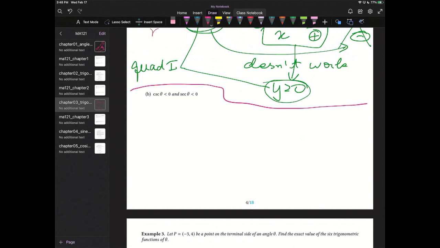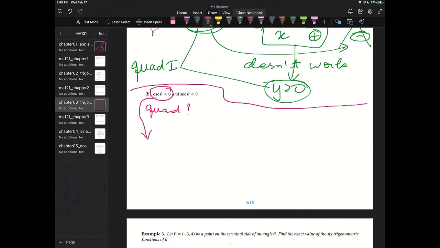Okay, so now we have that the cosecant of an angle theta is less than 0, meaning negative, and the secant is also negative. So we want to know what the quadrant is, right? So what is the quadrant that the angle theta belongs to? Let's take a look at the first piece of information.